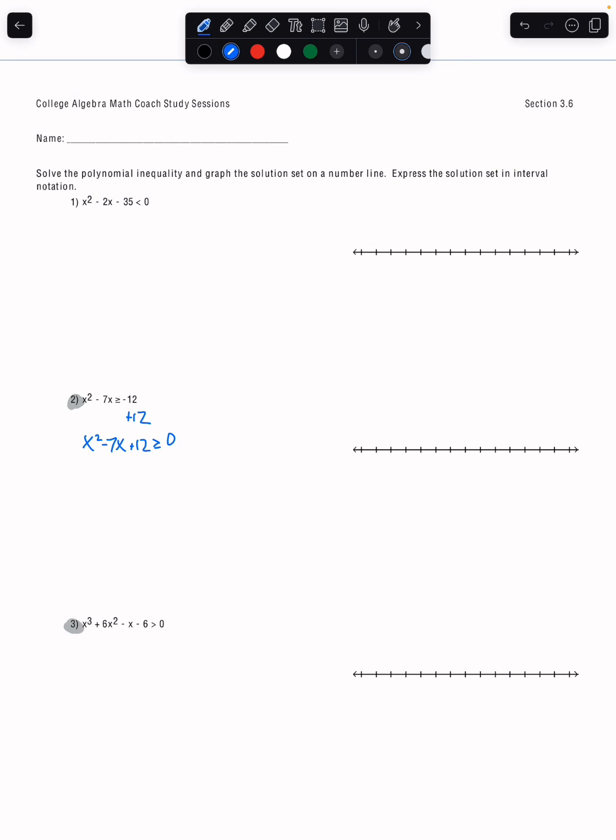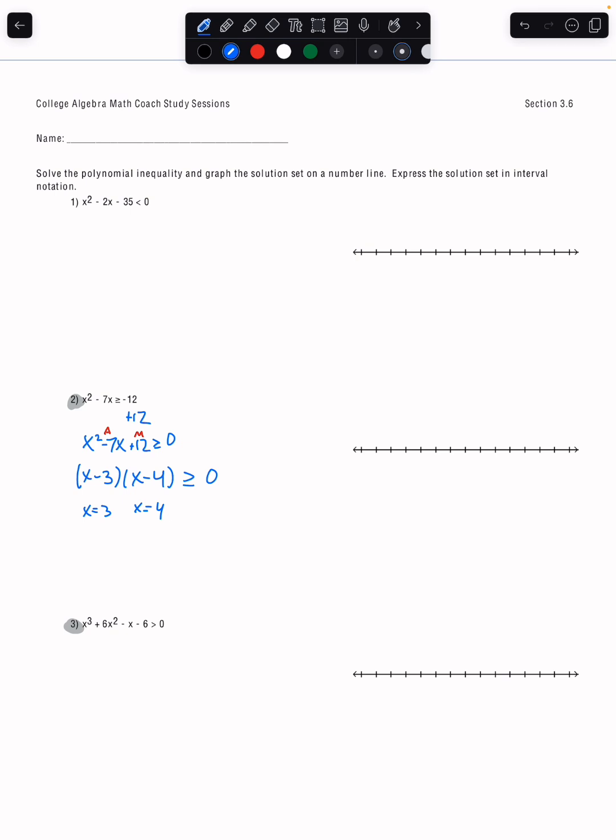And then we're going to ask what multiplies to positive 12 and adds to negative 7. And we'll see we have x minus 3, x minus 4, which is greater than or equal to 0. Solving these, we get x equals 3, x equals 4.